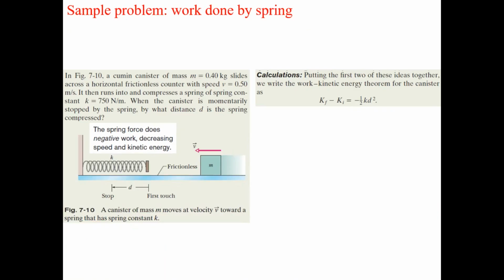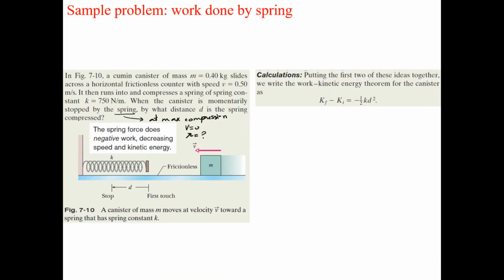When the canister is momentarily stopped by the spring, so this is basically at the maximum compression, here, by the way, v is 0 because we're told it's momentarily stopped. By what distance d is the spring compressed? So we're interested in finding the compression at this maximum compression case.